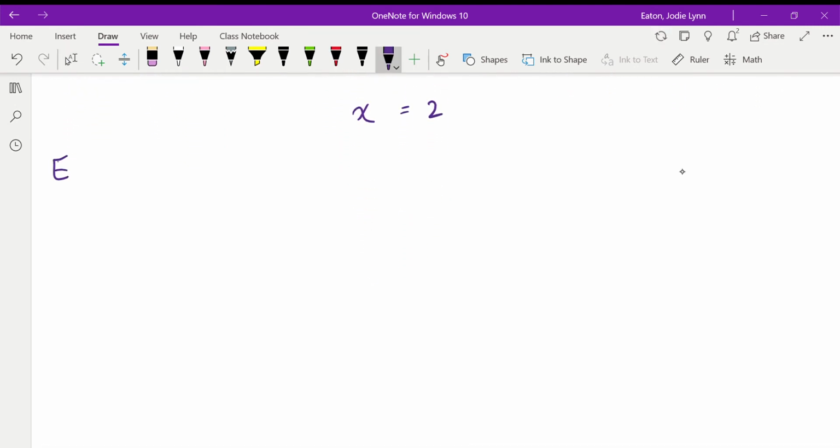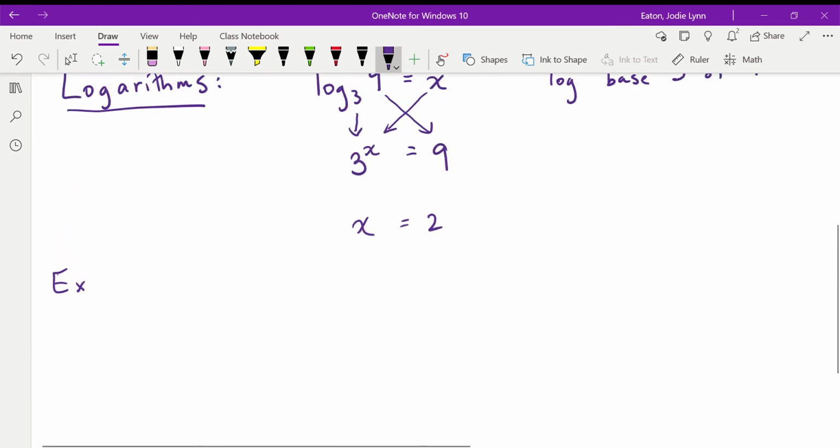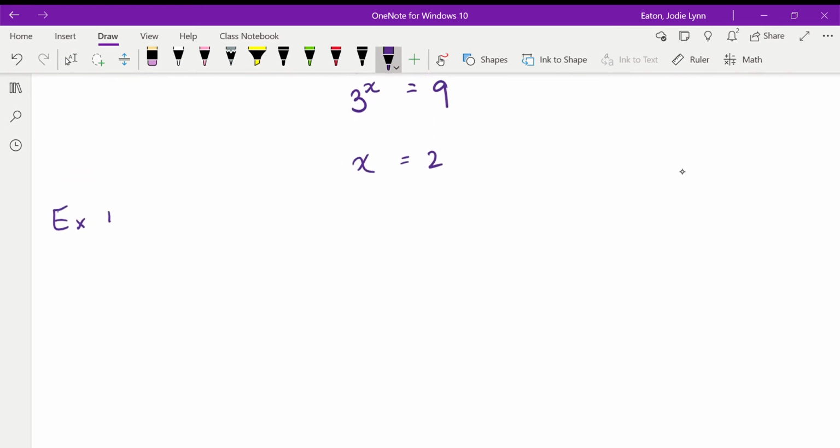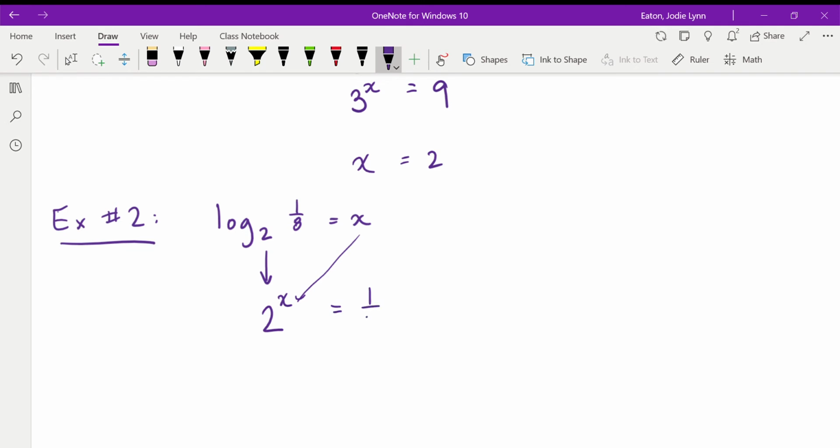Let's look at another example of logarithms because these are actually a little bit fresher than exponents. You've only been doing them for about a year; for some of you it's been less than a year if you took pre-cal 12 this year. So log base 2 of 1/8 equals x. Let's use our arrows. 2 is our base, x is the exponent, and 1/8 is what we want it to be equal to.